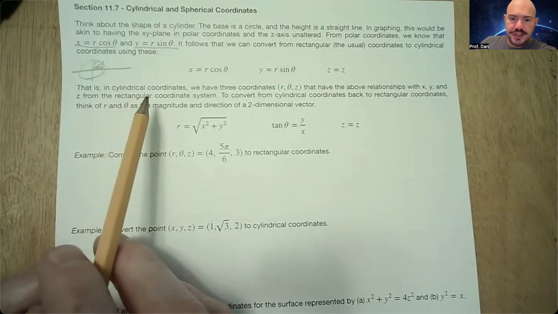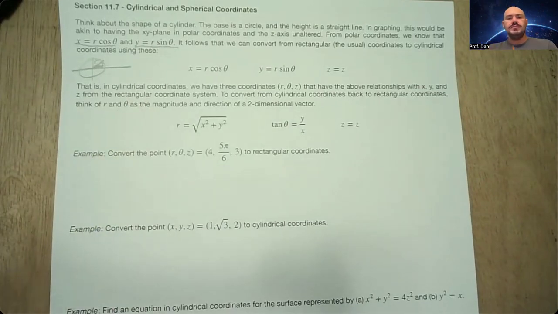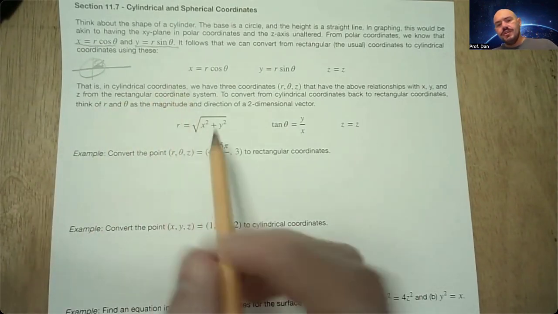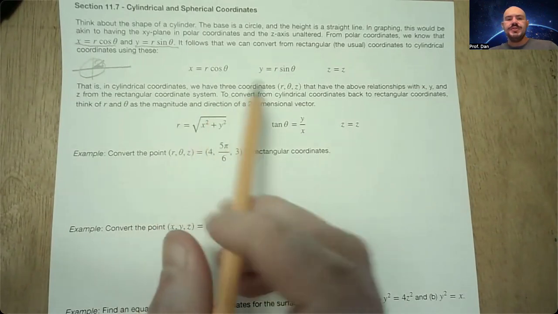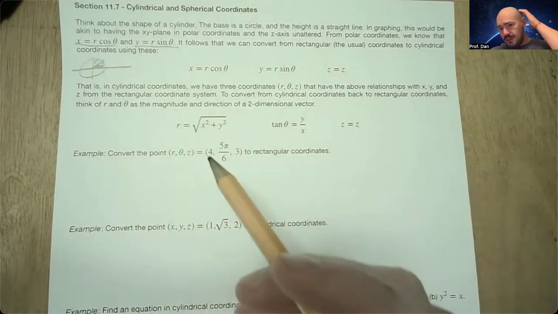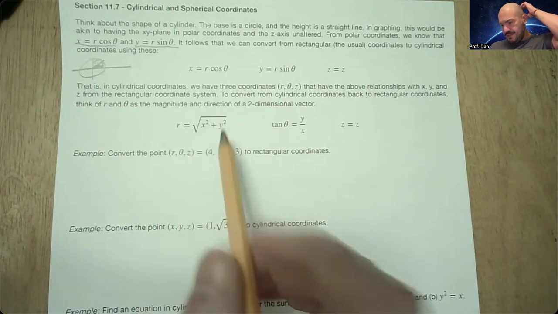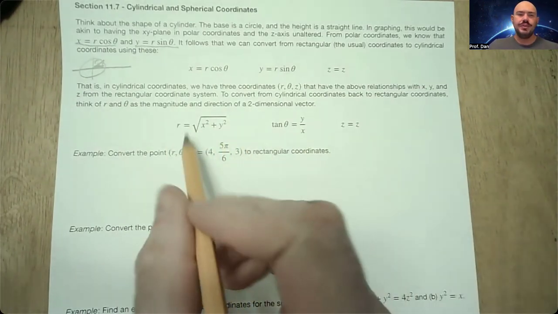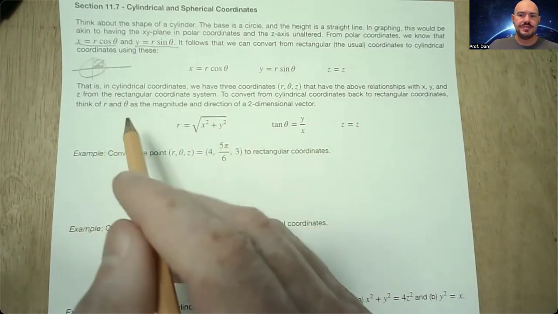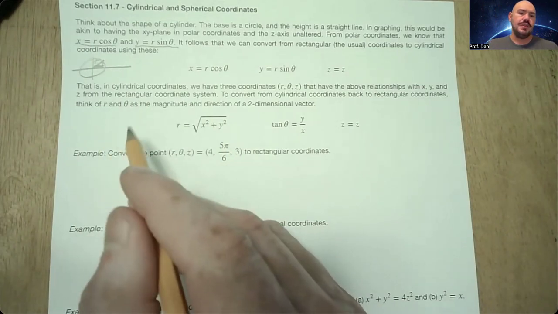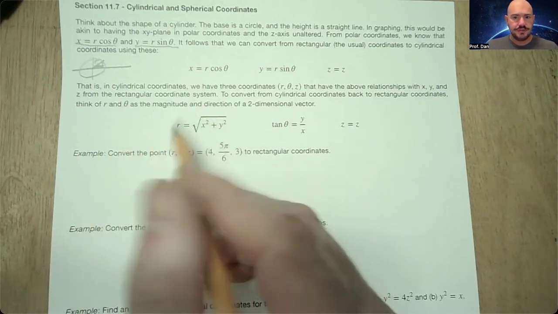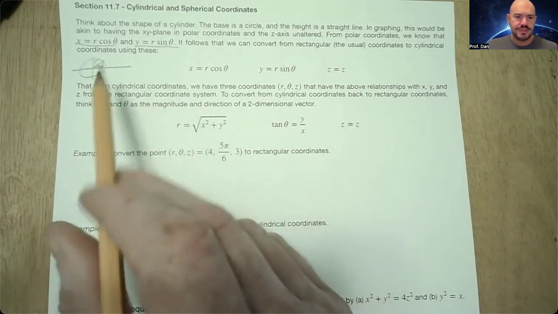If we want to go the other direction, so if I want to figure out r, theta, and z, I can remember some of the relationships that we talked about in earlier sections. Specifically that the radius r in polar coordinates is basically the magnitude of a two-dimensional vector. Pythagorean theorem.